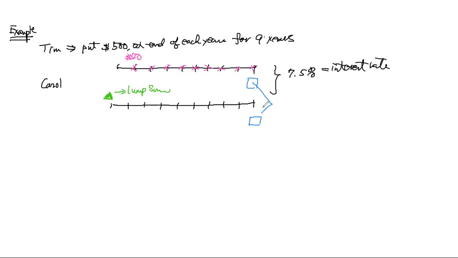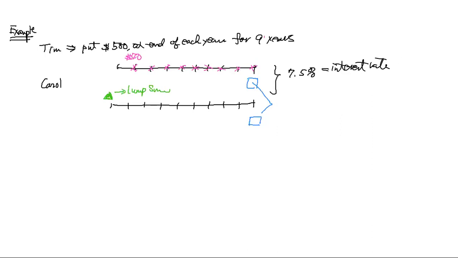That is the question: how much does Carol need to put in here? Now let's take a look at how I'm going to use the TI calculator to help you.